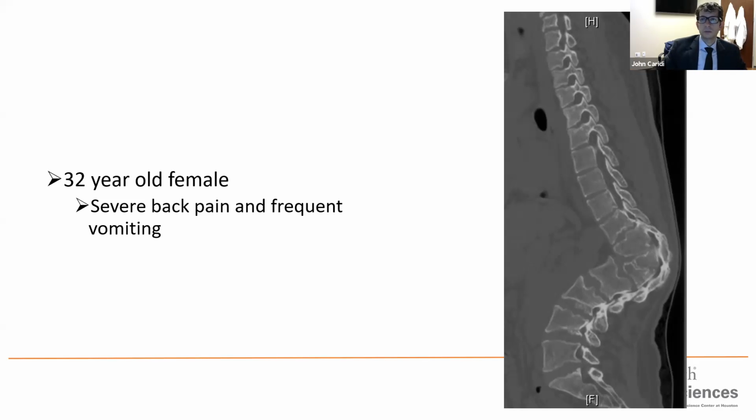She's from Tibet originally and had a history of an infection as a child. So this is a post-tuberculous kyphosis. We recommended what you typically would do in a case like this, which is a 2-level VCR and correction.